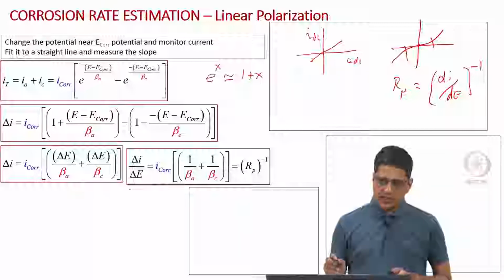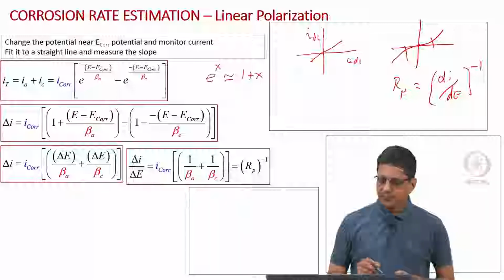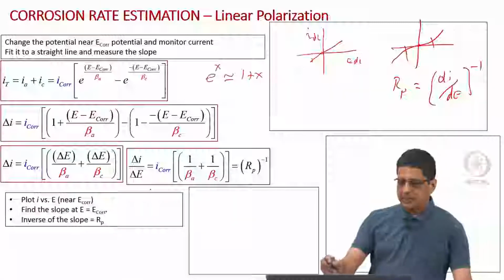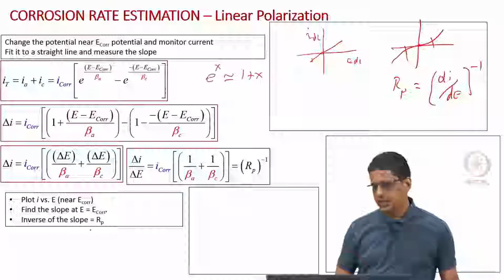Now, what you can measure using this technique is basically del E by del I. You will not be able to get I corr, beta A and beta C from this experiment and analysis. Essentially, you plot I versus E taken near E corr, find the slope, and the inverse of the slope is the polarization resistance.